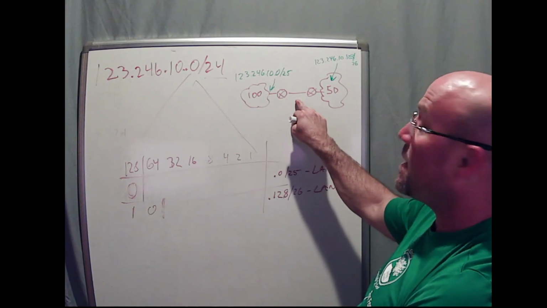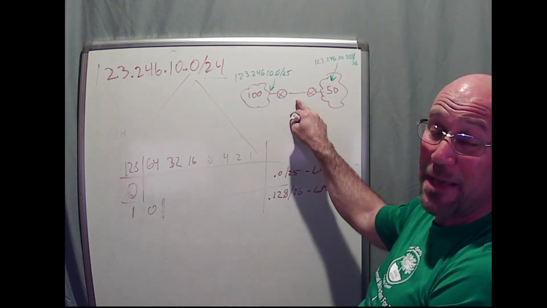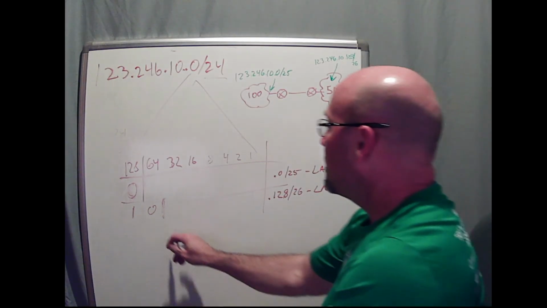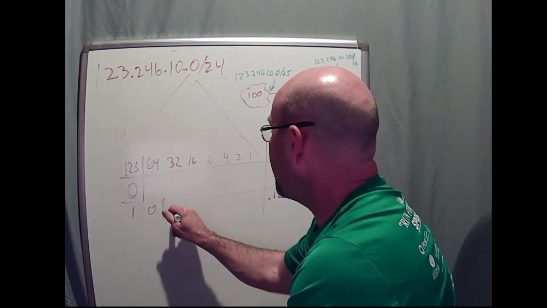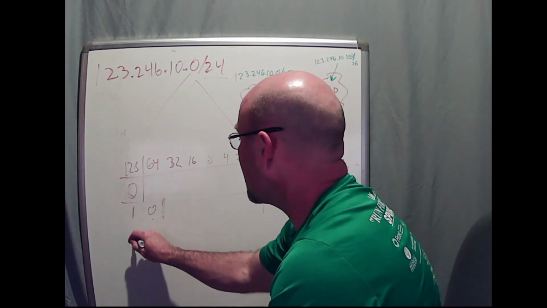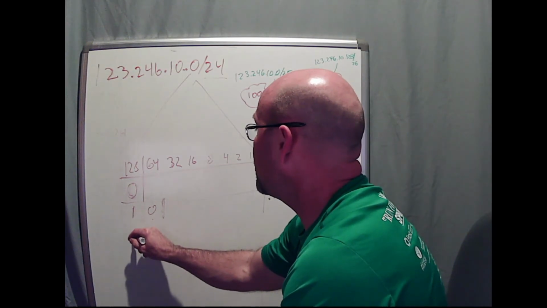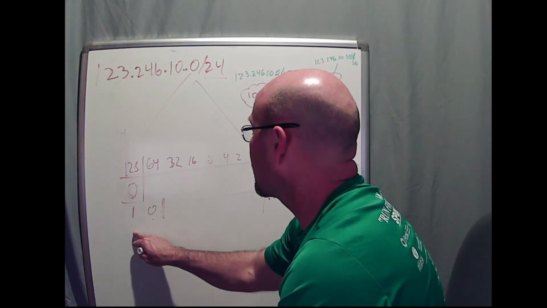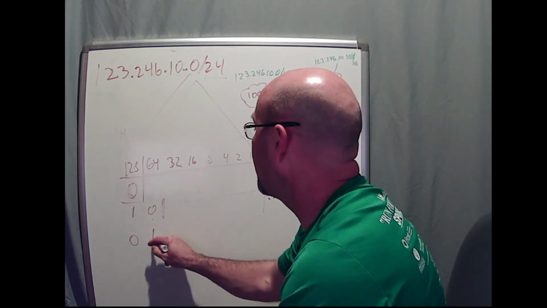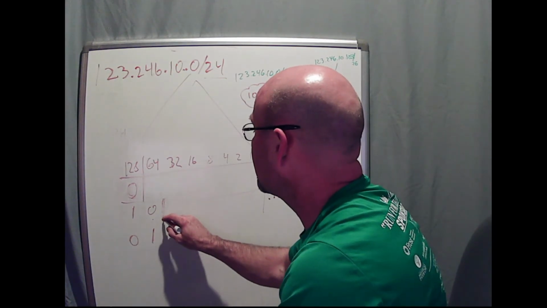Now we need a subnet that's big enough to have 2 IP addresses, one for each router interface. So we know that we used up 1, 0, the whole thing. So now we need to go to, we can go to 0, 1 in this space, okay?